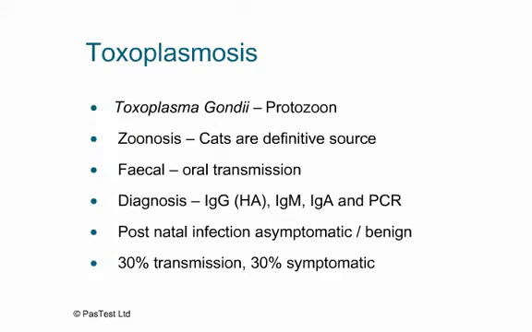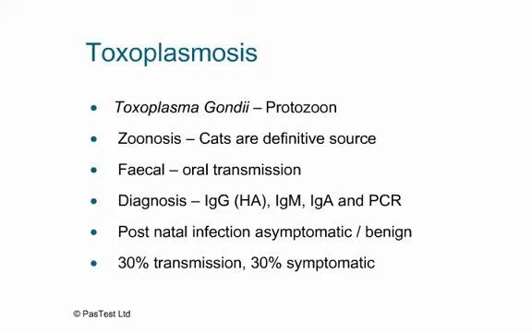Transmission of the protozoa is via two main routes. Firstly, there is transmission via the oocysts in the stool, and this is generally from cat feces, and cats are the definitive source of toxoplasmosis.